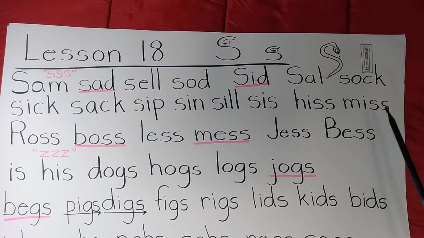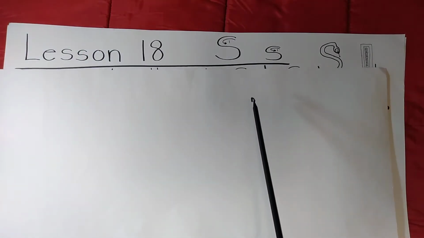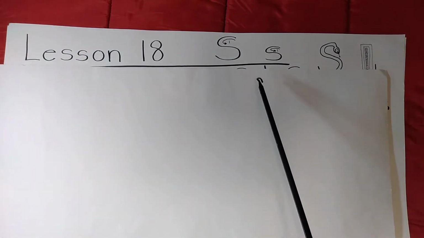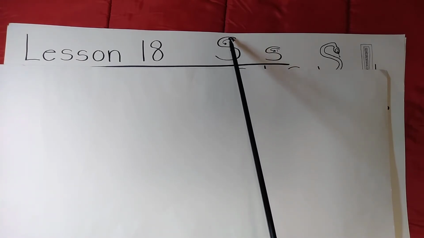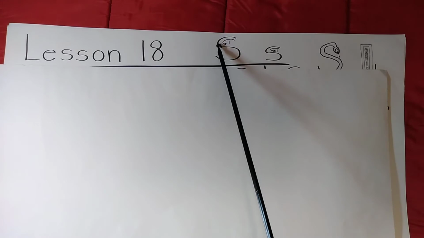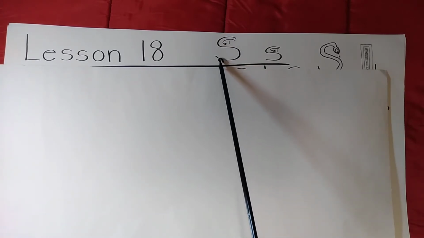If you are practicing the printing, teachers, this may be a little tricky for the real young students, but we start counterclockwise and then curl it around and come back clockwise for the capital S. Small s, same way, except it's smaller.